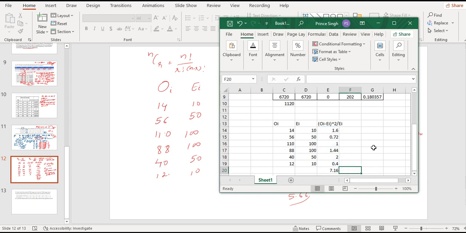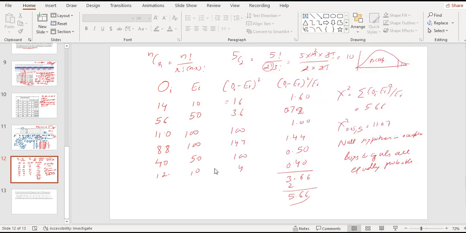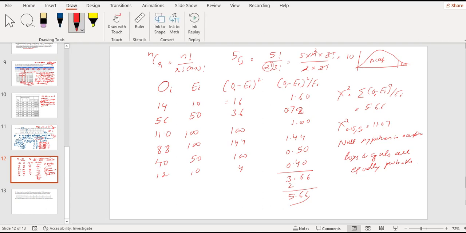so its value comes out to be 7. 10 square 100, okay, 100 divided by 50. Okay, so basically we need to consider here is 2. So that's the reason I told you it will be better that we use the calculation part.